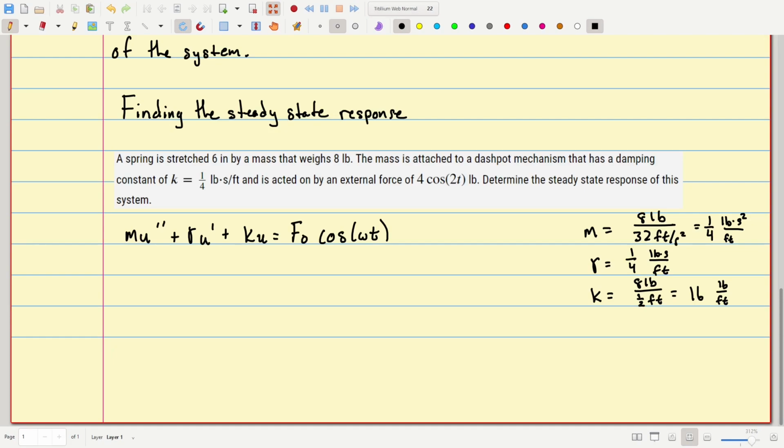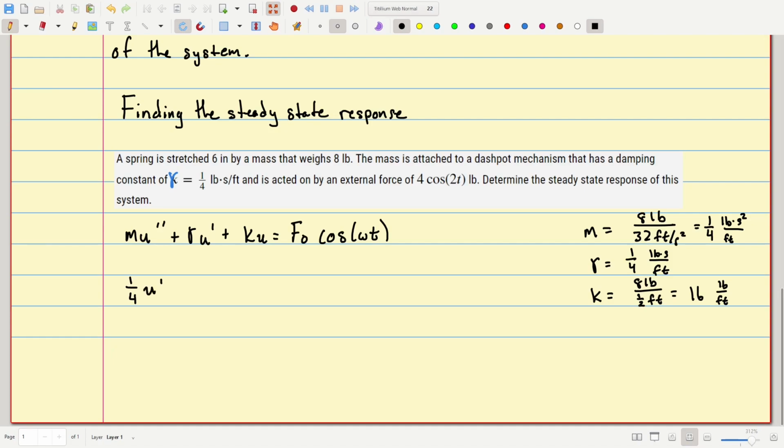I made a mistake. This is a typo. This should say gamma there. I have to fix that one. Sorry about that.